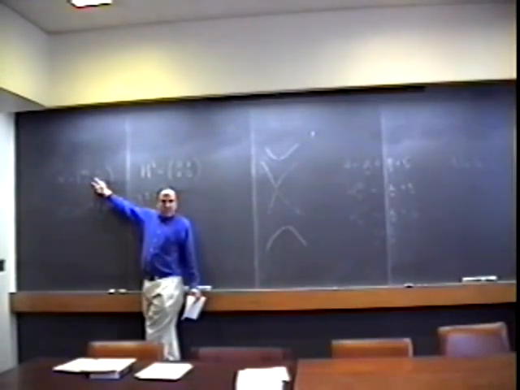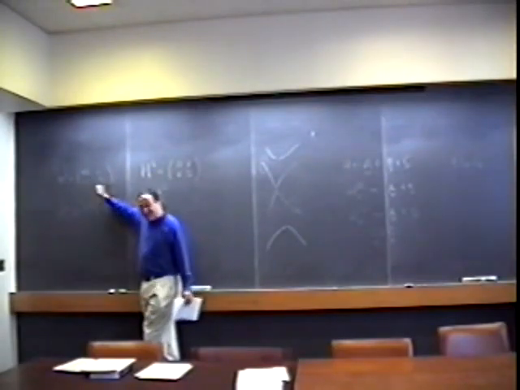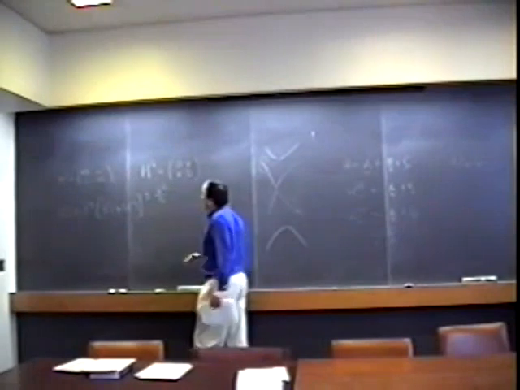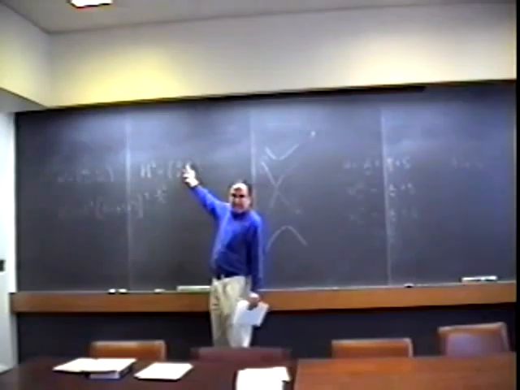For the people who only had 561, or who haven't had 561, this is a reach, but I want you to get this. For my students, this is not a reach. But this is really a crucial point. So this will diagonalize this Hamiltonian.